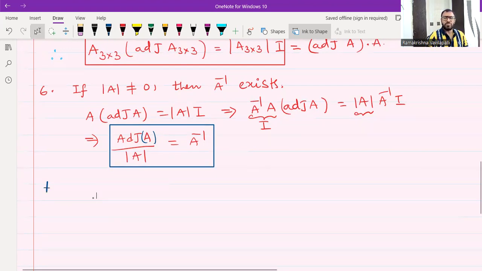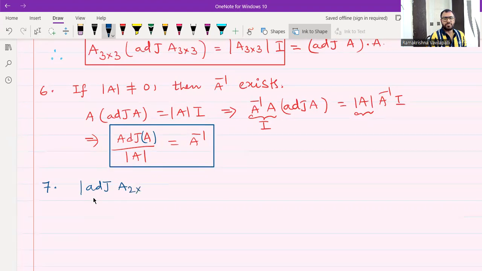Now, how do we find out determinant of adjoint of A? Here you see. Determinant of adjoint of A, 2 by 2, equal to, or I can say, I can write n by n also, equal to determinant of A power n minus 1.